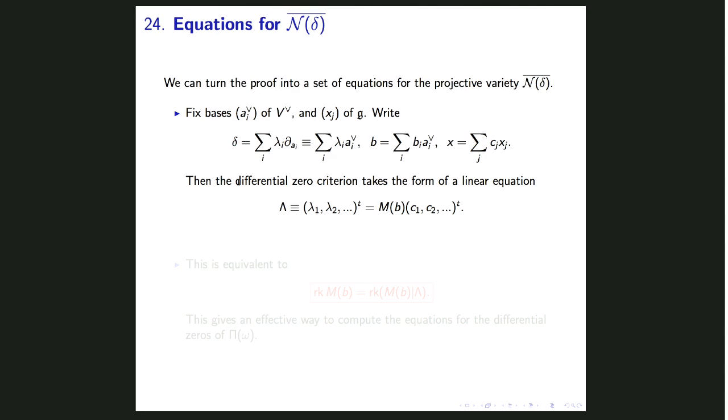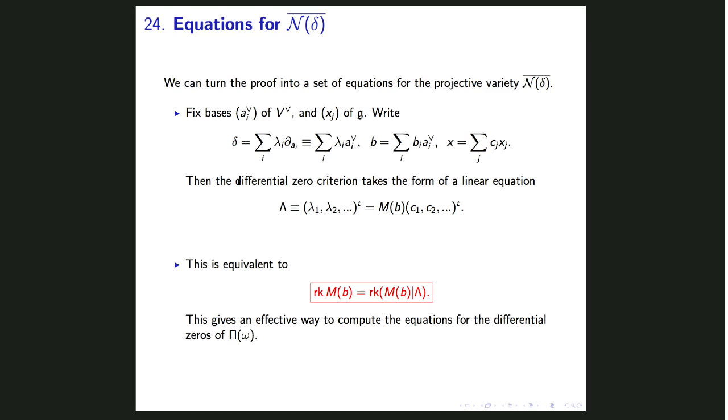Okay, so the point here is that you can actually now turn that linear equation into a way to compute the vanishing ideal of N delta bar. Namely, that equality now translates into this equality, which is linear in the coefficients of delta, which I call lambda, and the coefficients of the universal section, which I call Bi, and the coefficient matrix, which I collectively call MB.